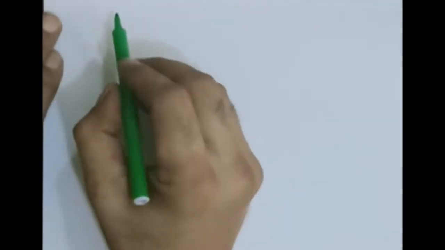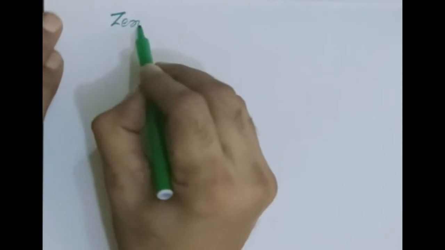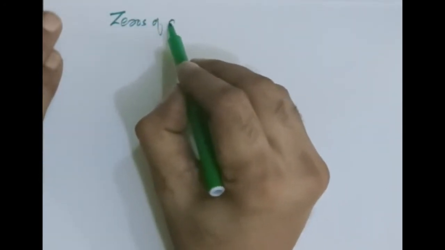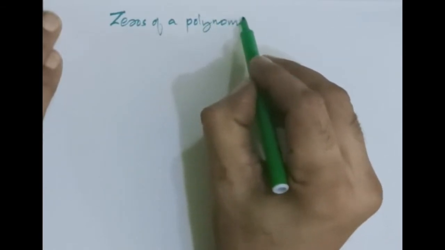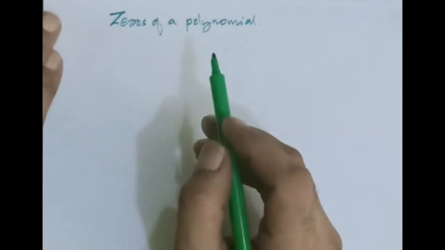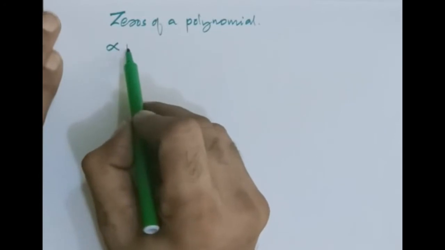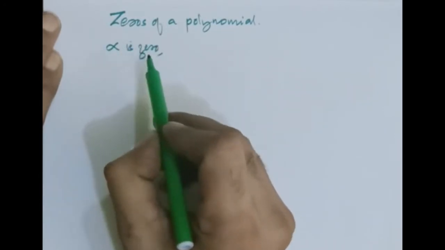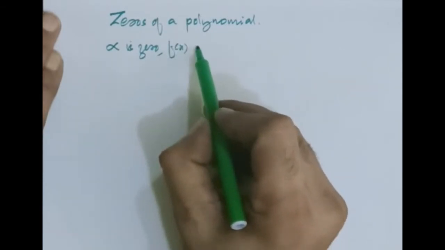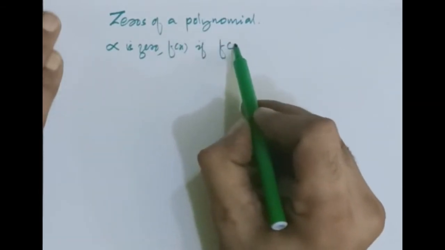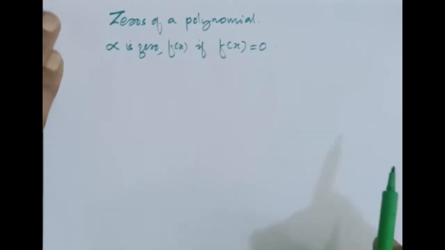Next, zeros of a polynomial. A real number alpha is a zero of a polynomial f(x) if f(alpha) equal to 0.